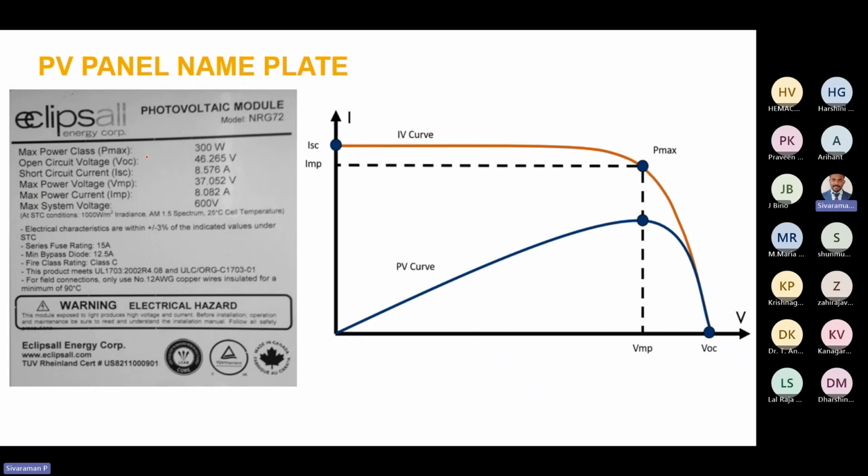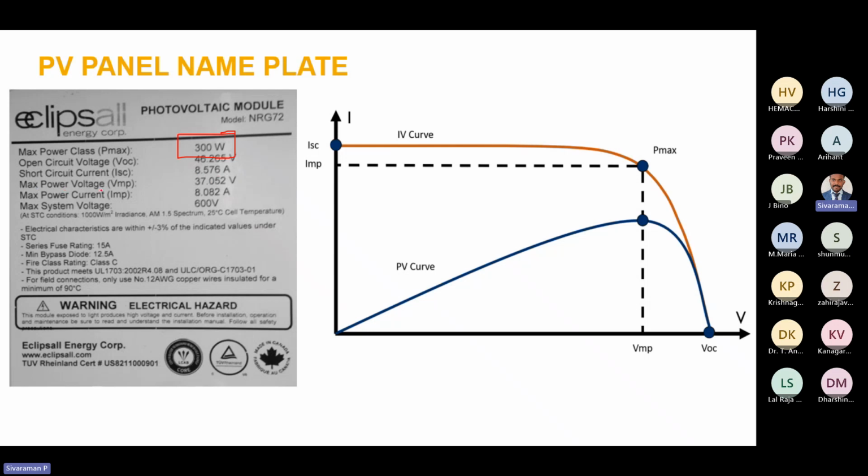Moving further, this is the nameplate detail. The left one is the nameplate detail of a 300-watt solar panel. Its details are given here. Pmax is the maximum power, 300 watt, and VOC is the open circuit voltage, that is 46.265 volt, and the short circuit current is 8.576 ampere.